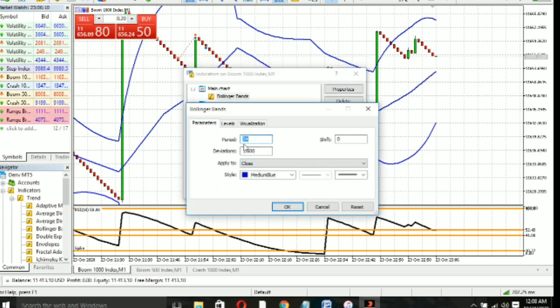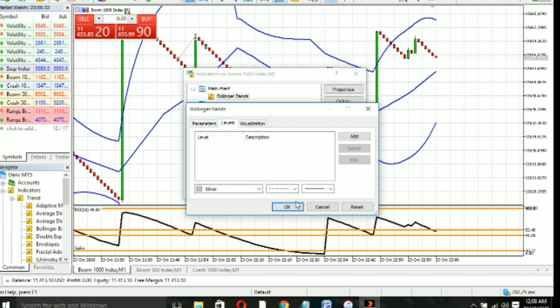On the Bollinger, we have period 34, deviations 1.600, and a sky blue style, depending on your chart background. Since I'm on a white background, my style is blue. My shift is 0, and my levels is none for the Bollinger bands.